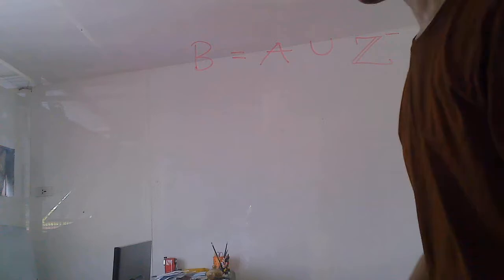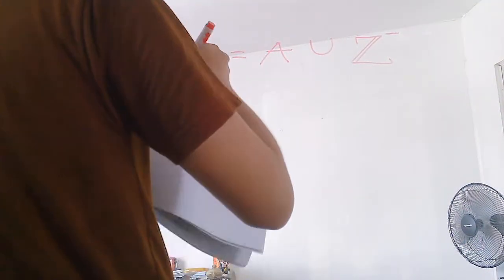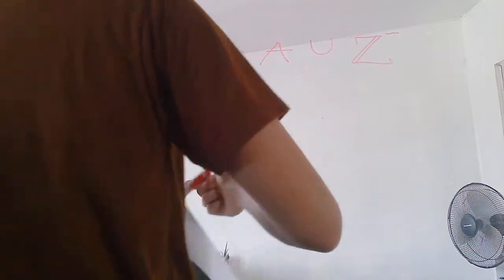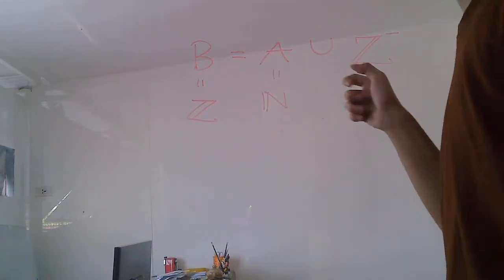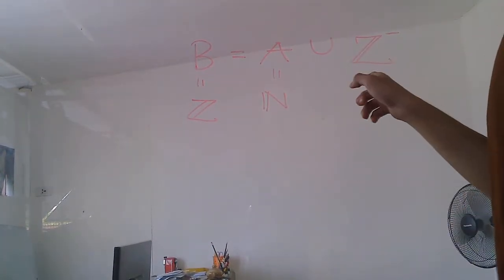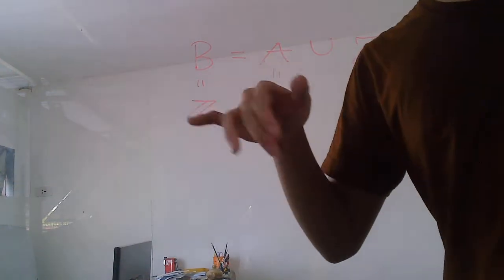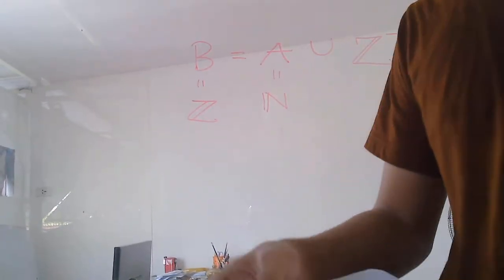What we're saying here is that the integers are just equal to the union between the natural numbers, which is A, and the negative portion of the integers, so minus infinity up to 0. We combine that with A, which is just our natural numbers, and then we get the integers. That's what we get.